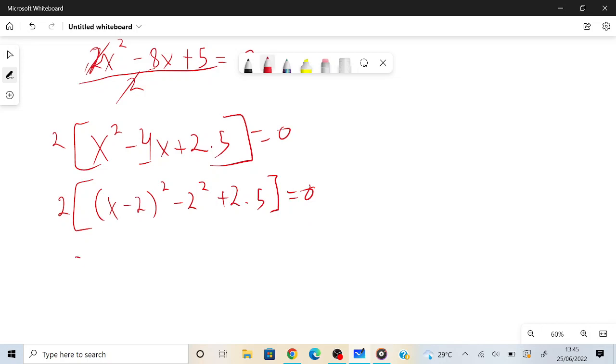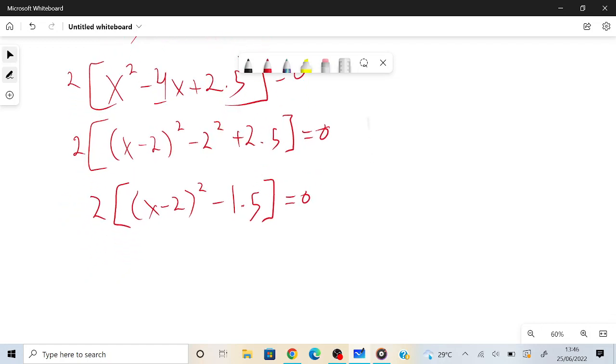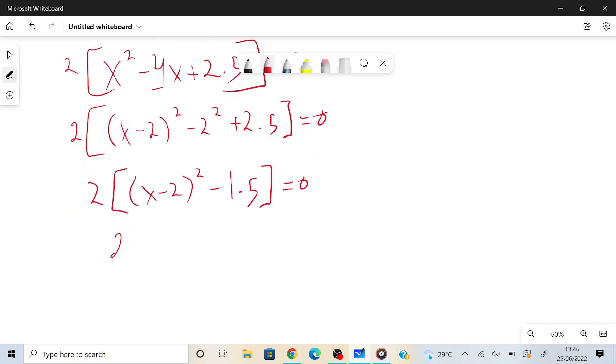Let's do that. I think that's minus 1.5 equals 0. And in the end, just times what's inside by 2. So this becomes 2 into x minus 2 squared minus 3 equals 0.